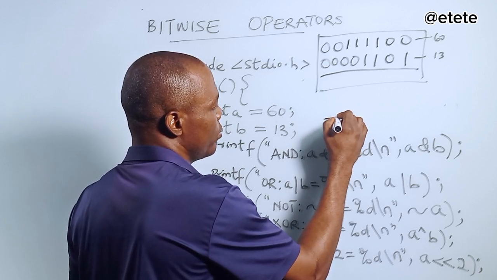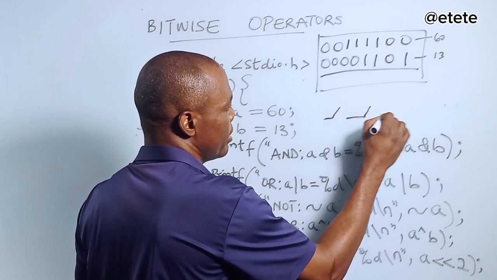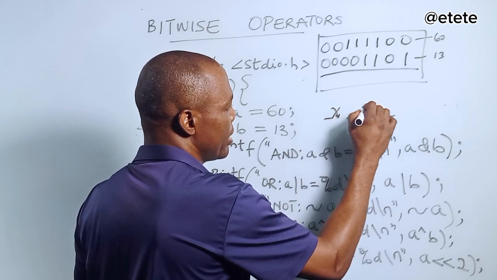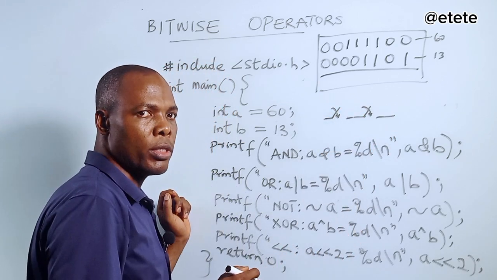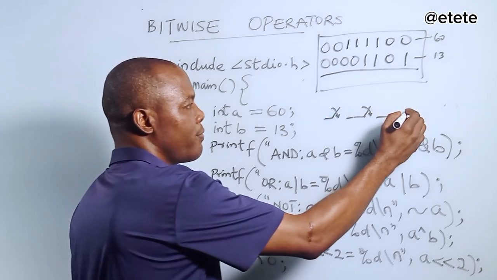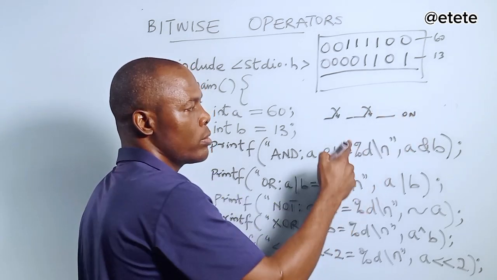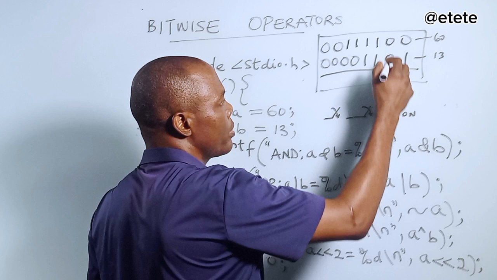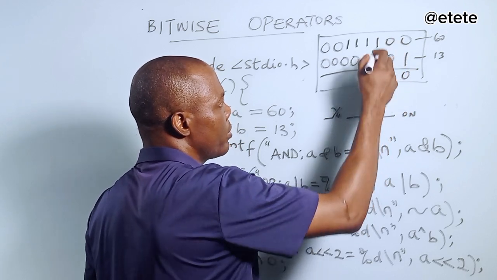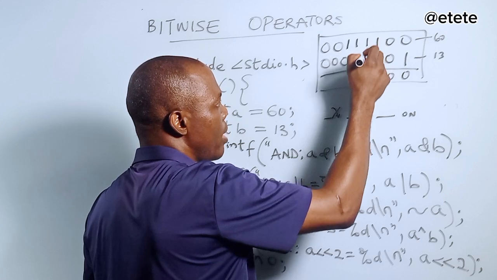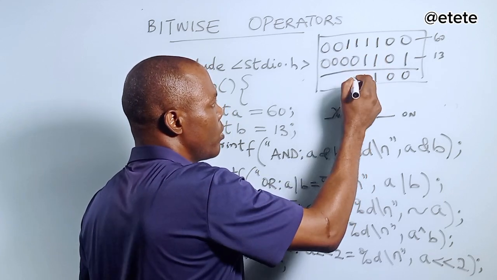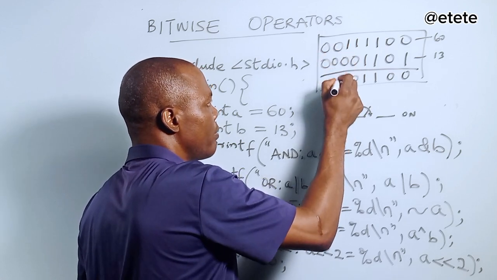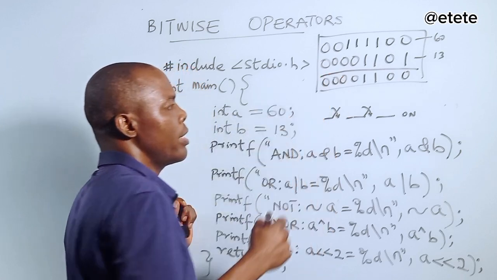Now, this and this will have to be on for you to have on as the output, right? So 0, 1 will give you 0, 0, 0 will give you 0, 1, 1 will give you 1, 1, 1 will give you 1, 1, 0 will give you 0, 1, 0 will give you 0, 0, 0 will give you 0, 0, 0 will give you 0.